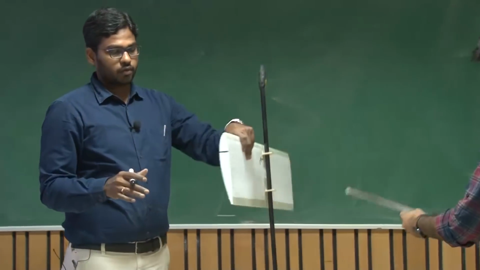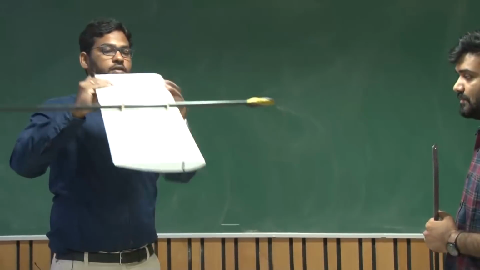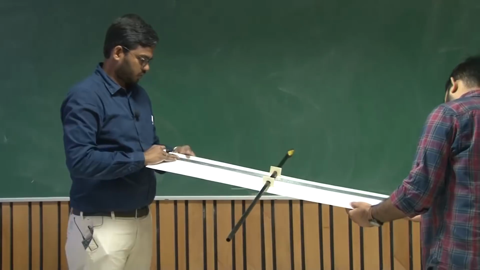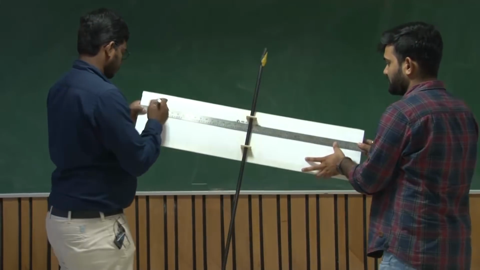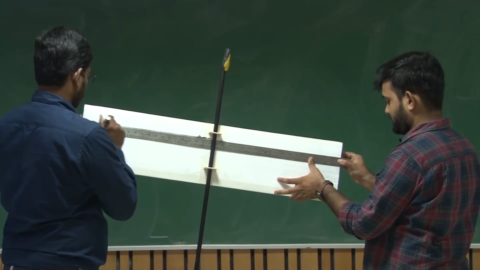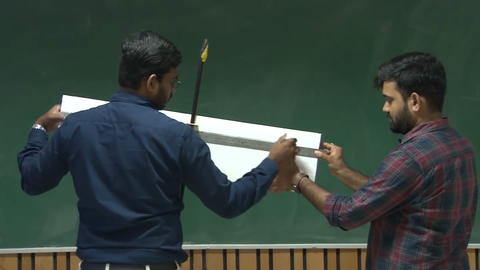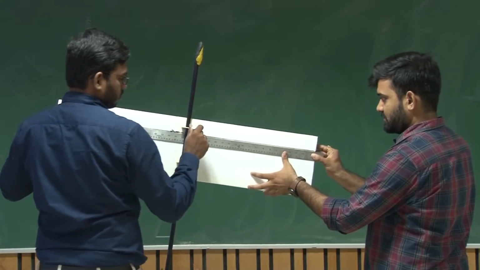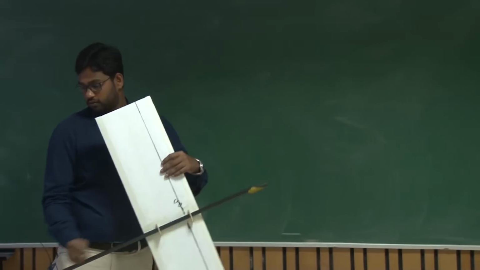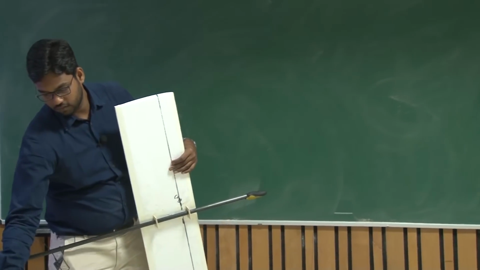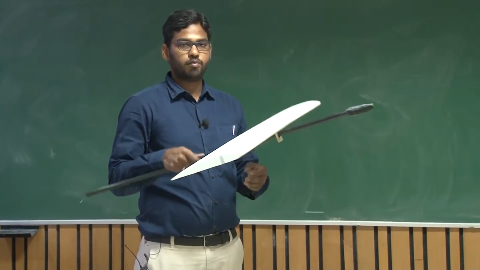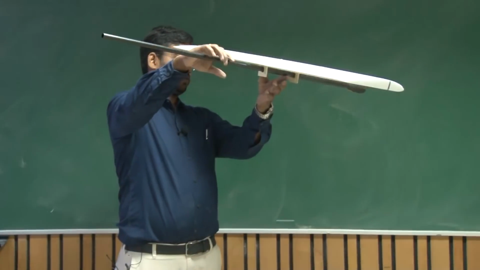I have marked aerodynamic centers on the other side, so let us join these aerodynamic centers. This line represents your aerodynamic center. The wing is with the cambered aerofoil.